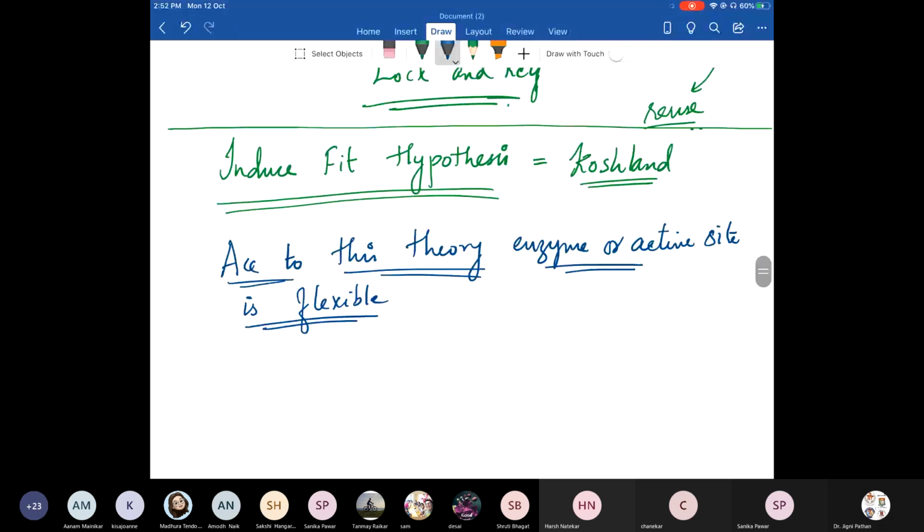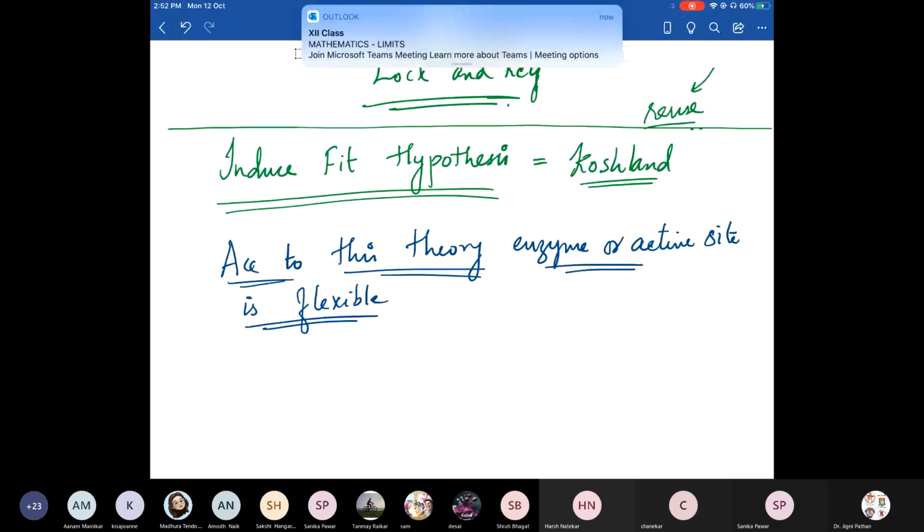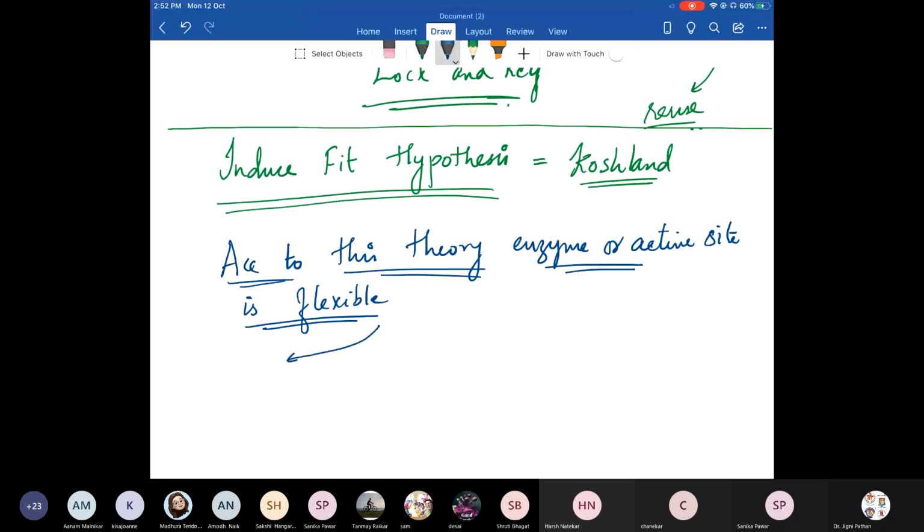The active site of the enzyme contains two groups, okay?